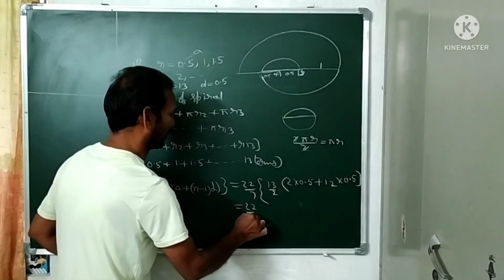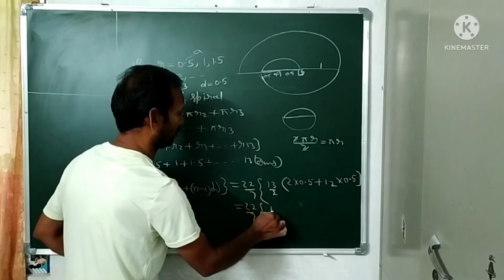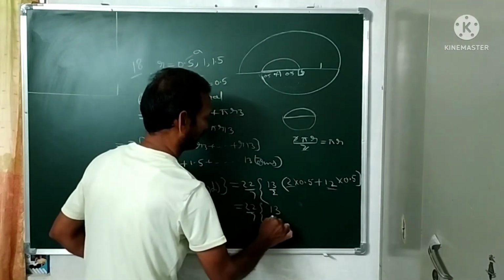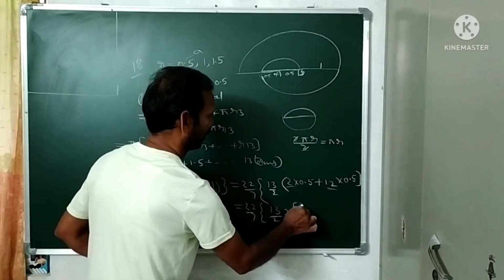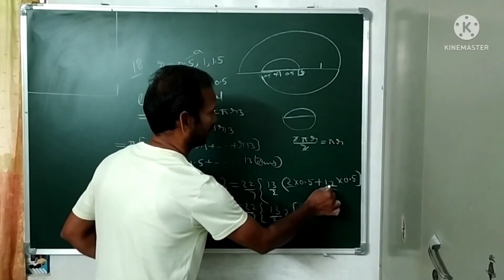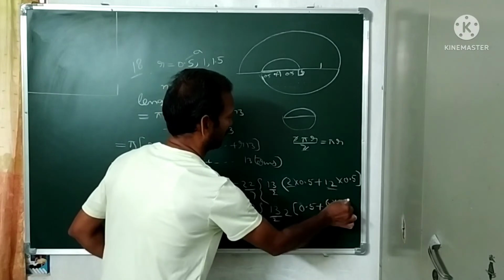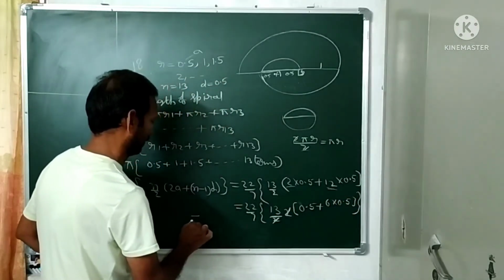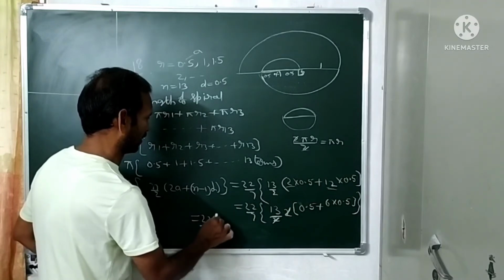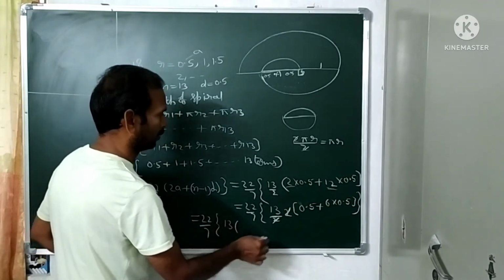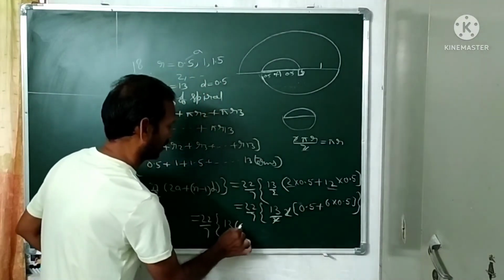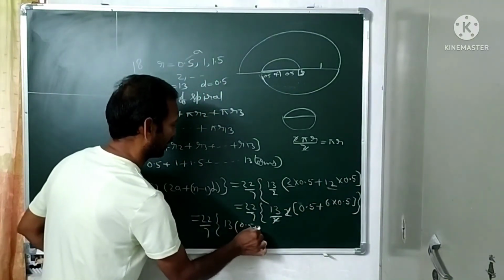So 22 by 7 into 13 by 2. Take 2 common: 0.5 plus 6 times 0.5. 2 cancels. 22 by 7 times 13 into 0.5 plus 3.